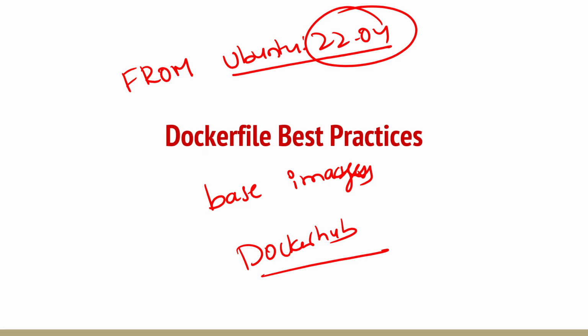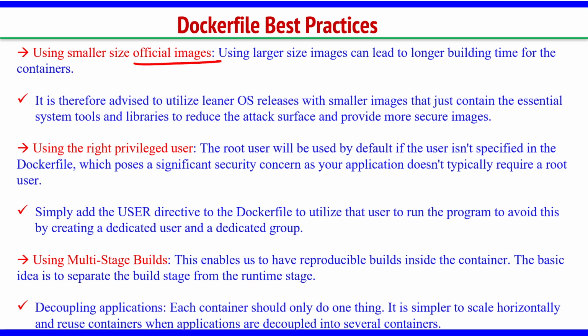If you refer to a base image of higher size, it will take more time to build. Using larger size images can lead to longer building time for the containers.